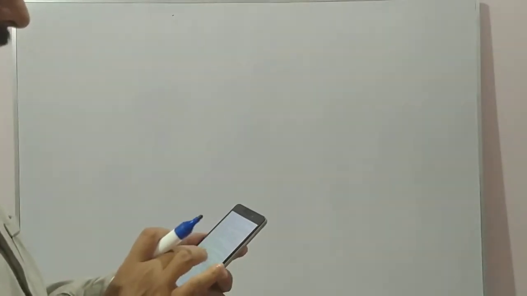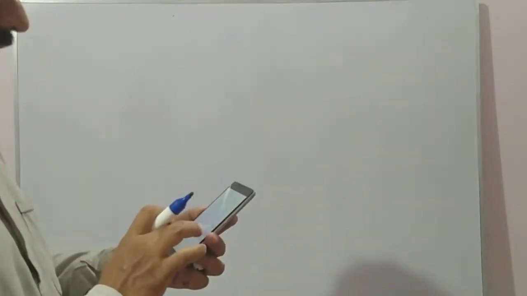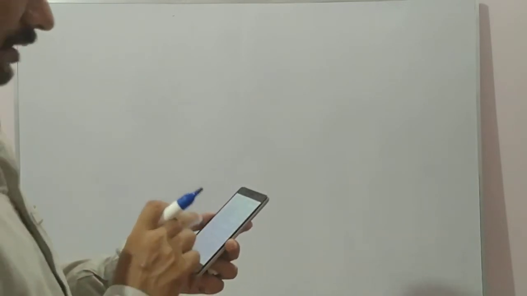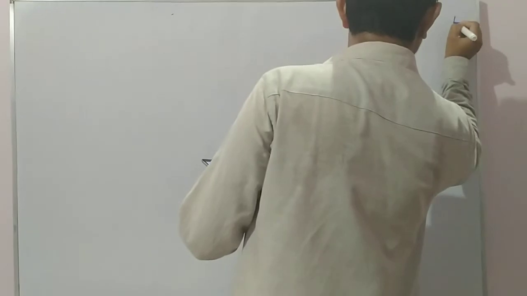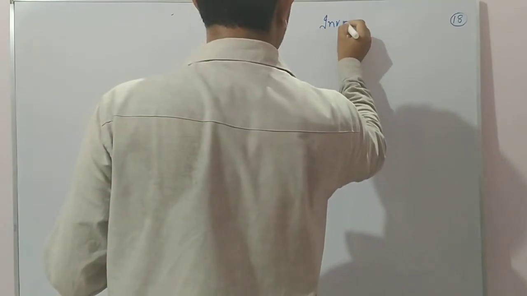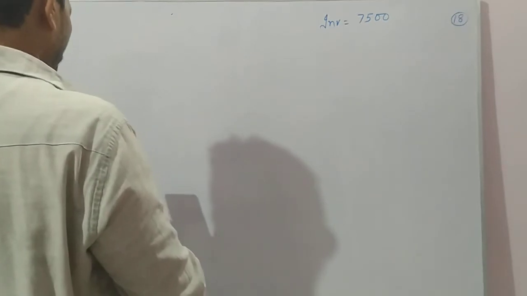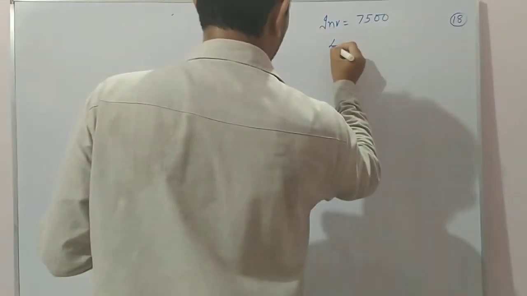Now see here, question number 18. It is given that by investing 7,500 in a company paying 10% dividend, an income of 500 is received. What price is paid for each rupees 100 share? Investment is 7,500 in a company paying 10% dividend.